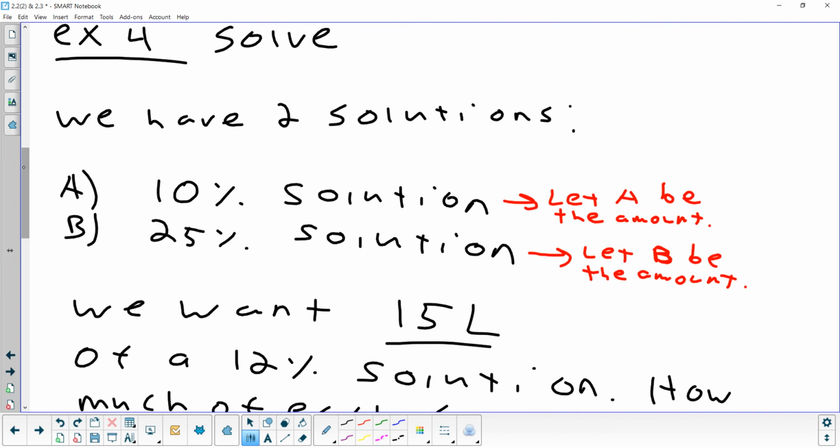So B was the amount of the 25% solution, which means how much do I need for the 10%? Yes, Chris? 13 liters? 13. And that makes sense because we said we needed a lot more of solution A, and that's the way it worked out. So that's how you can mix two things together to get a certain amount and a certain percent.